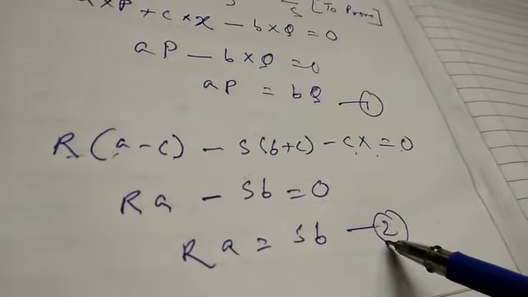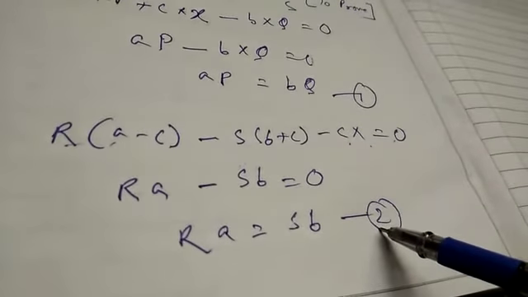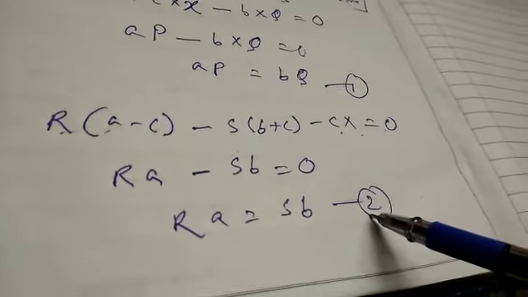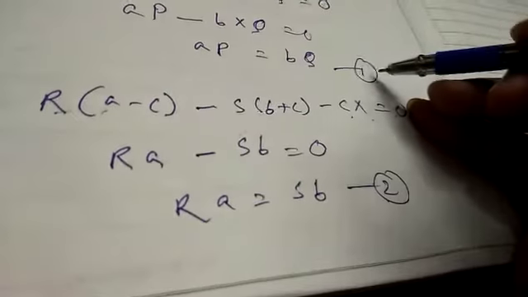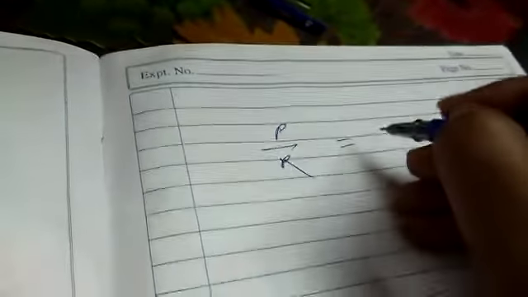Now if we divide equation number 1 by equation number 2, we get P by R is equal to Q by S. Clear?